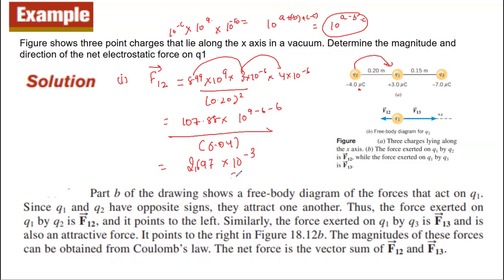If I have to write it in terms of numbers, I will move this in the form of a decimal. So I will get something like this, 2.697, or simply 2.7 newtons, right? Because at the end of the day, we are just finding force, right?